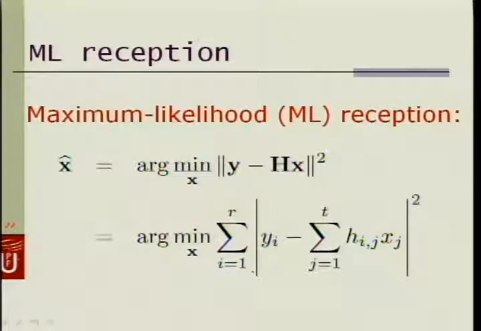Now, how can we do maximum likelihood reception? Let me just show you a couple of slides here before taking a break. We do maximum likelihood reception formally in the same way as we do it for the scalar case. Remember, in the scalar case, we have to compare y with the faded version of all possible transmitted signals.